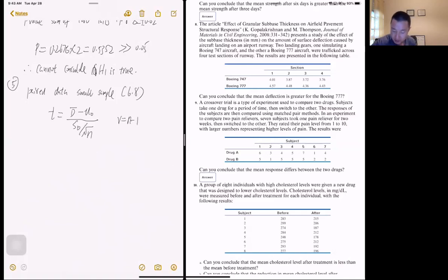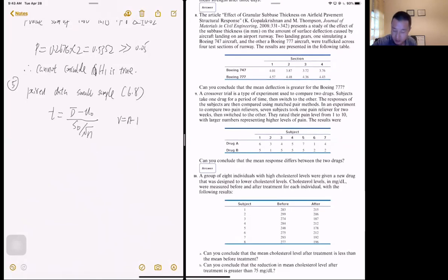Okay, so based on this table, we can easily calculate the difference. So the difference will be, for example, 6 minus 5 is 1. 3 minus 1 is 2. 4 minus 5 is minus 1. 5 minus 5 is 0. So the differences will be 1, 2, minus 1, 0, 2, minus 1, and 2.